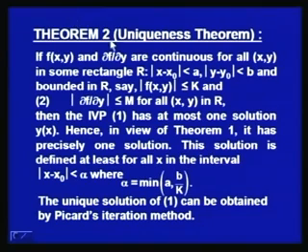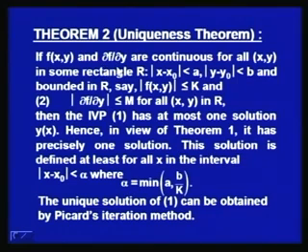So, let us now talk about the uniqueness of the solution. The uniqueness theorem gives us the sufficient conditions which f(x, y) has to satisfy so that the initial value problem has precisely one solution.